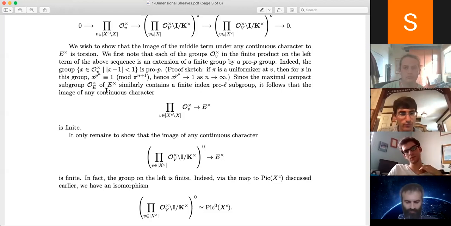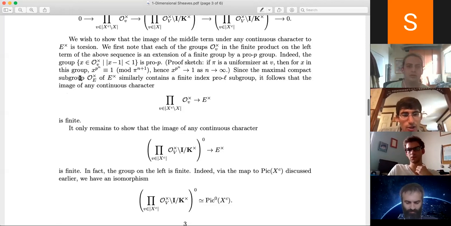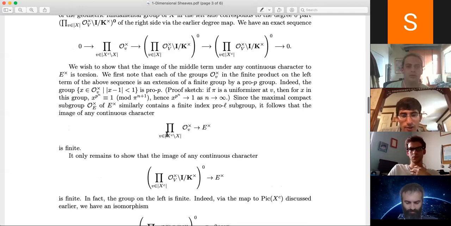So the logarithm shows that this O_E cross is pretty much pro-l. Therefore, any continuous character from this product, a finite product of O_v crosses, to E cross has finite image. So that deals with this left term.